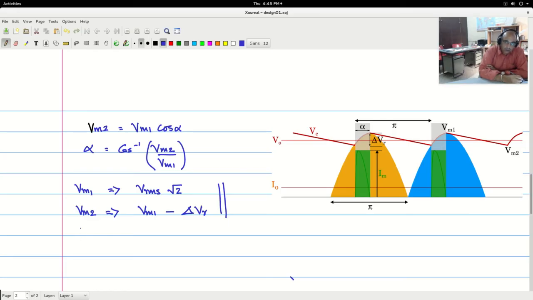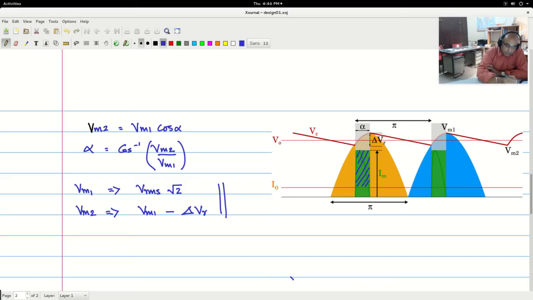Then, once you know the value of alpha, you can calculate the current that is flowing through the capacitance. Now as I said, we are going to make this rectangular approximation, and you have to make use of the condition that the average value of the current through the capacitance is always 0 in the steady state.